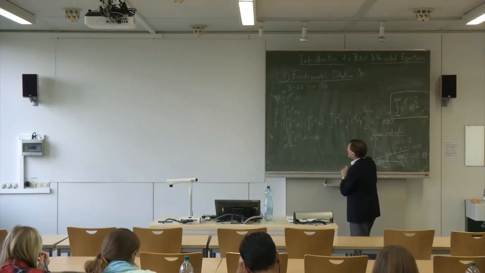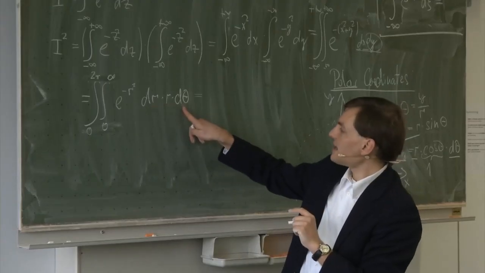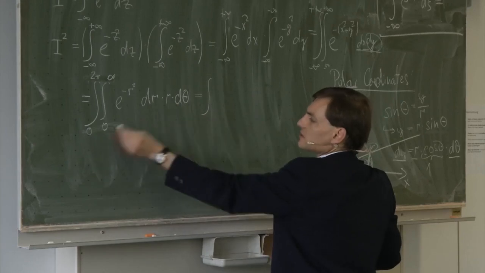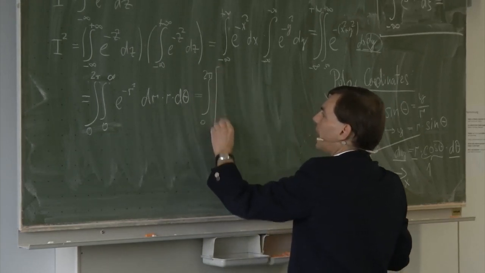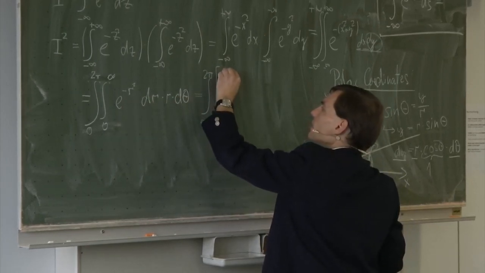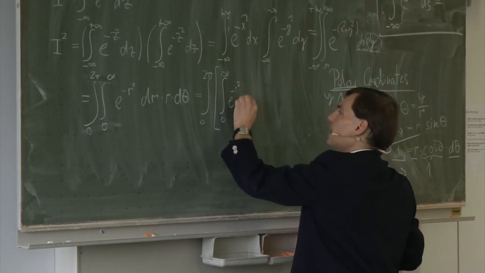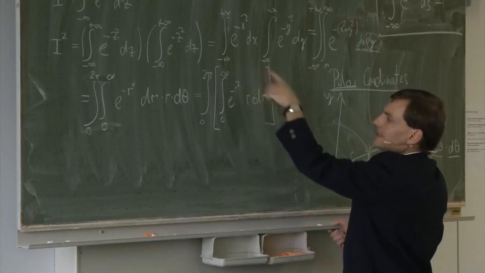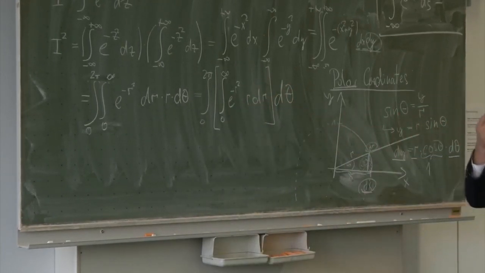I will do the following. I will first do the integration for r, and in a second step for d theta. So I separate this logically in the following sense. We integrate the first integral from 0 to 2 pi, then we make a bracket. Inside the bracket we write the inside integral from 0 to infinity, e to the minus r squared times r, dr. If we do this integral, we get a solution, and that solution is then integrated over d theta.